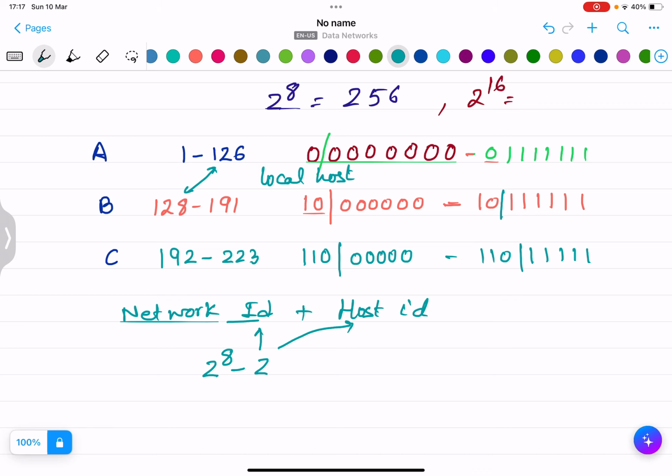So if we have 256 addresses, we are restricting 2 addresses for network ID and host ID.